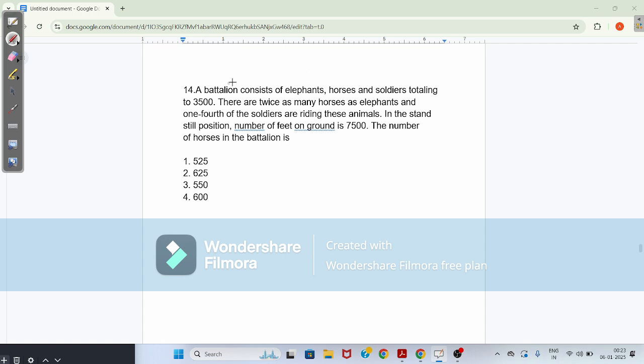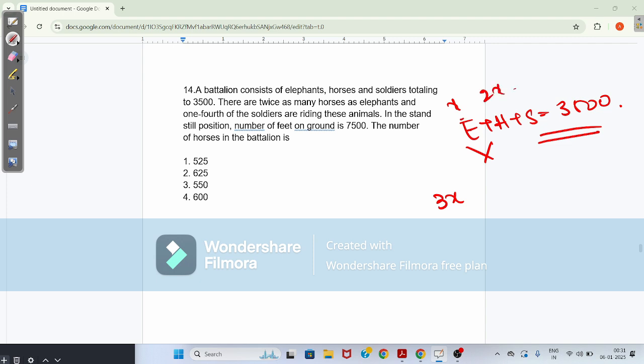Now here, a battalion consists of elephants, horses and soldiers, totaling 3500. There are twice as many horses as elephants. Consider elephants E, horses H and soldiers S: E plus H plus S gives the value 3500. This is the total number in the battalion. Elephants are x and horses are 2x, and these two have 4 legs each.